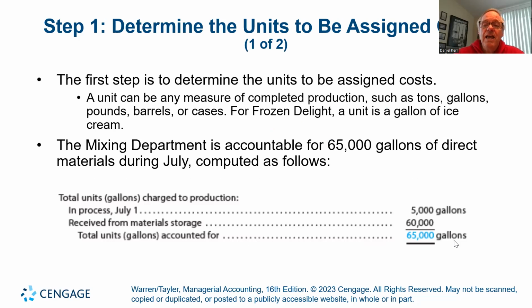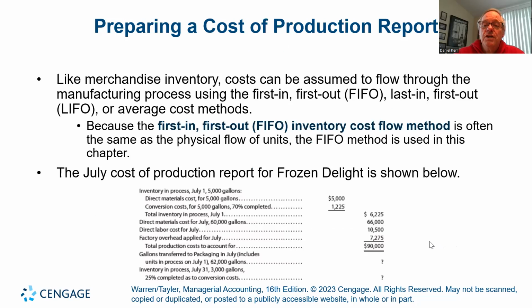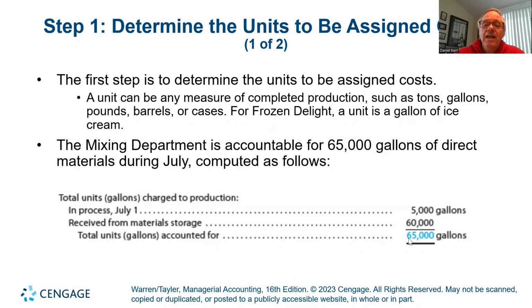That is the gallons that we had at the beginning of the period, plus the gallons that were transferred into this department from materials stored. So the question is, how do we allocate the cost associated with those 65,000 gallons, which is $90,000? How do we allocate that to the beginning inventory, to the goods that were transferred out, and to the ending?